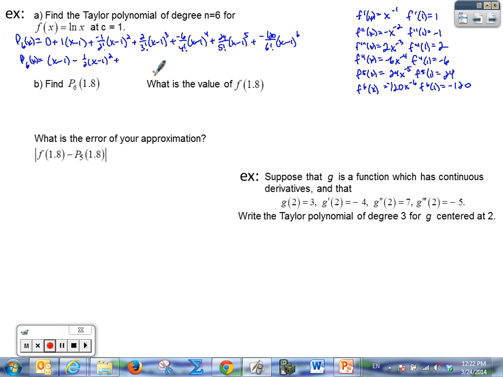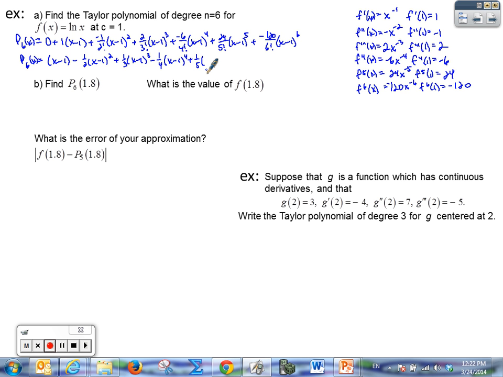The next one, 2 over 3 factorial. 3 factorial is 3 times 2 times 1. That actually turns into 1/3 x minus 1 cubed. The next one simplifies to 1/4 x minus 1 to the fourth. The next one, are we seeing a pattern here? Isn't that a totally cool pattern?